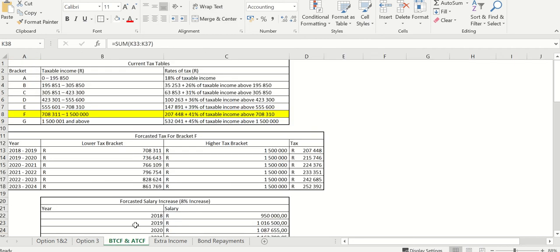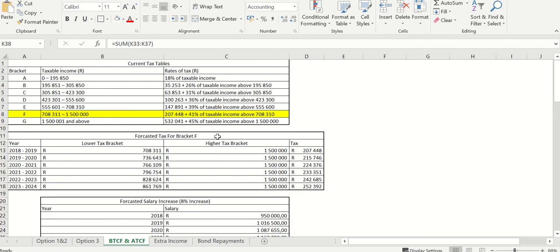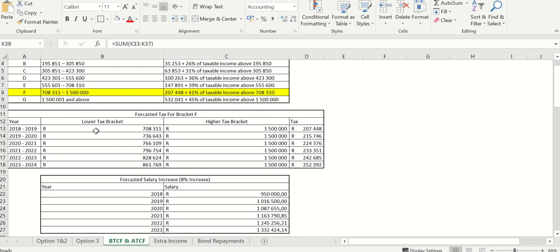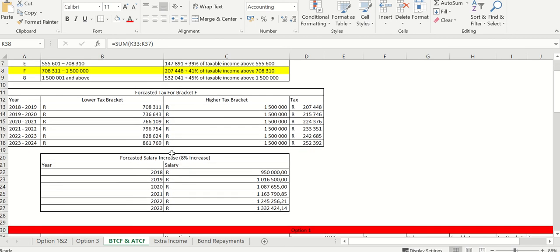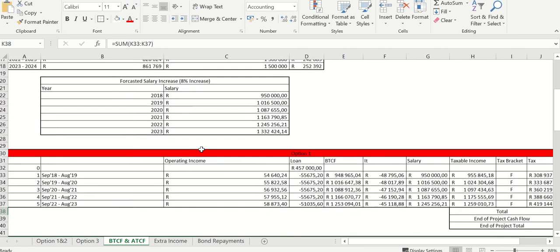So the before tax cash flow and after tax cash flows were calculated in these tables over here. However, we did take into consideration what the current tax is, the forecasted tax that it will become with a 4% increase, and then the forecasted salary increase at 8%.